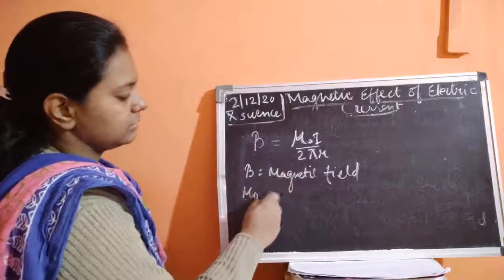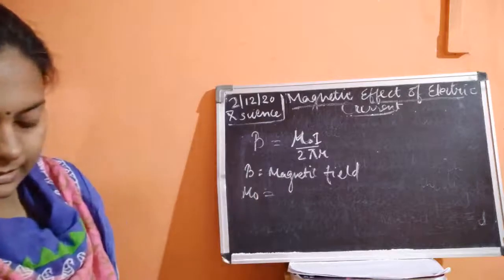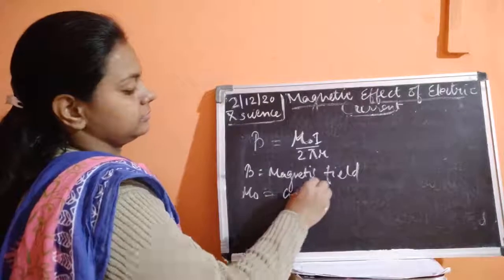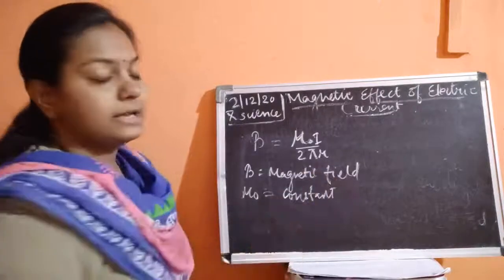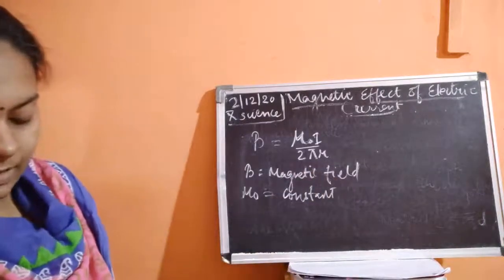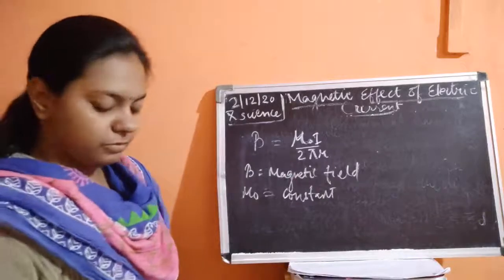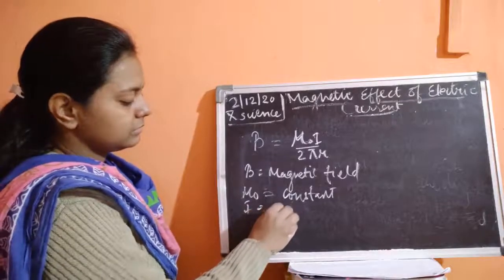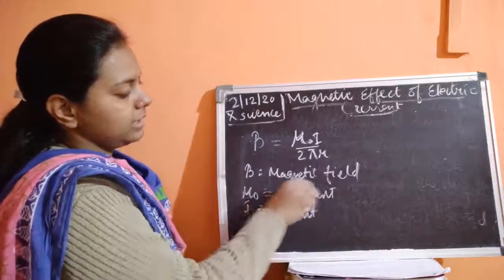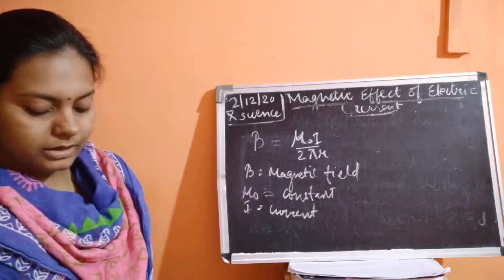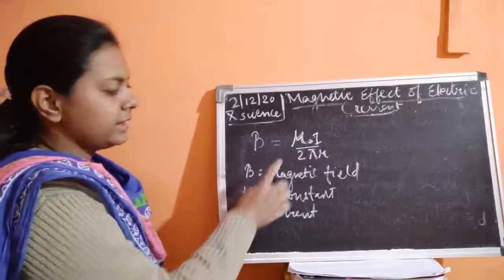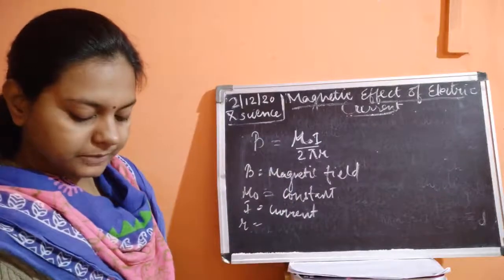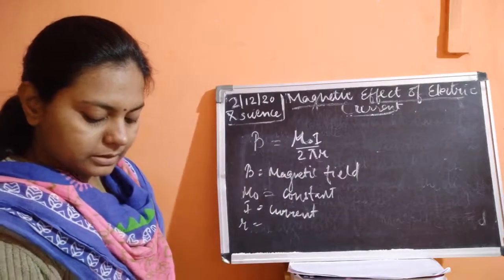Mu naught is a constant. Its name is permeability of vacuum. Okay, I is current. Okay, and r is the distance. 2 pi, again it is a constant, and r is the distance from the conductor.